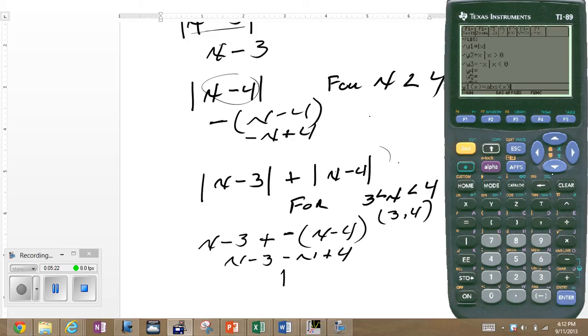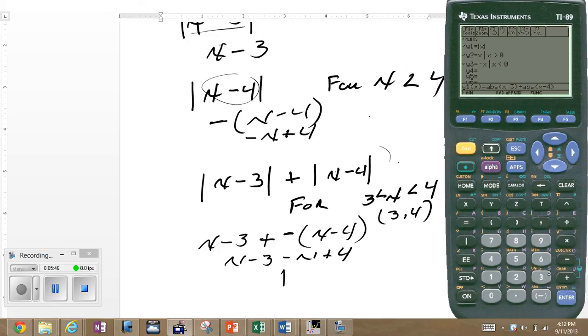The absolute value of x minus 3, close parentheses there, plus, again, the absolute comes from the catalog, so it's the very first thing in the catalog, plus the absolute of x minus 4. So let's throw that in.